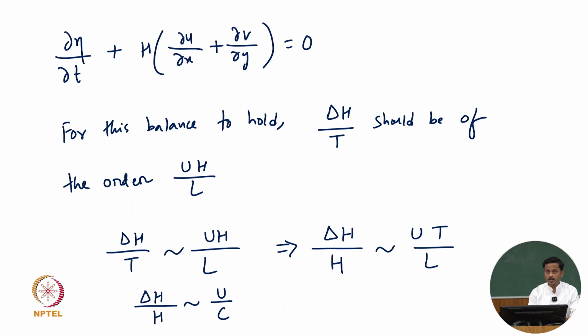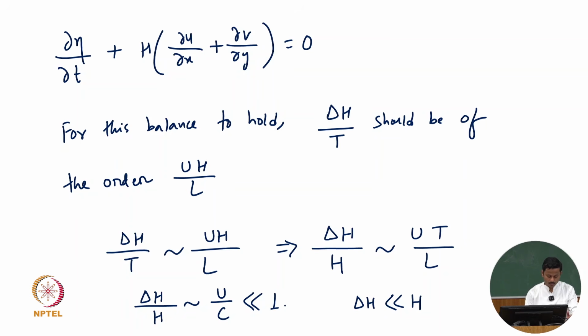And again, we said that this u by c ratio is much less than 1, because wave information is propagating much faster than the particle propagation. Hence, we have the condition that the displacement should be much less than the total height of the water column.